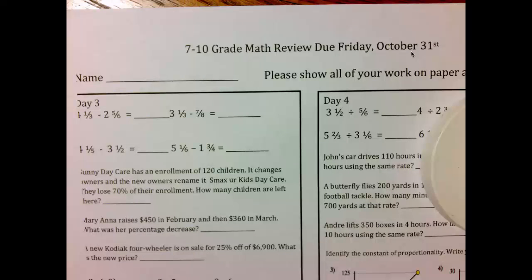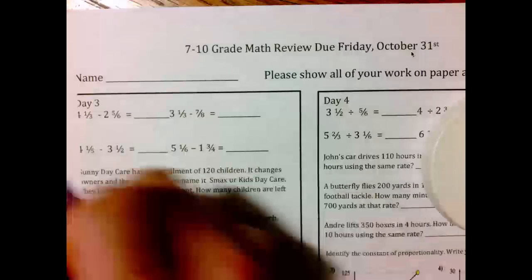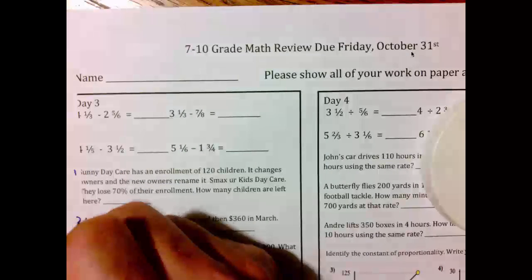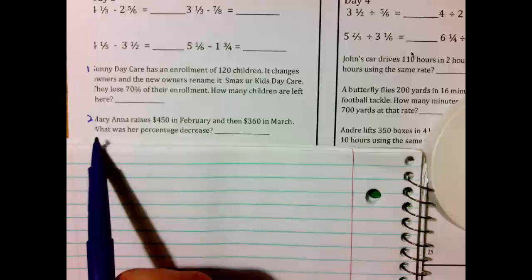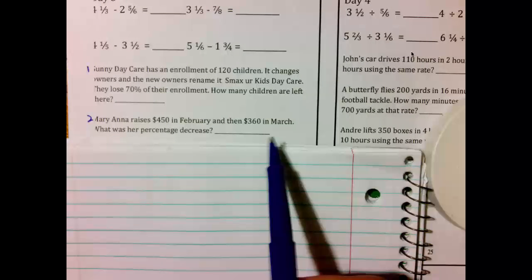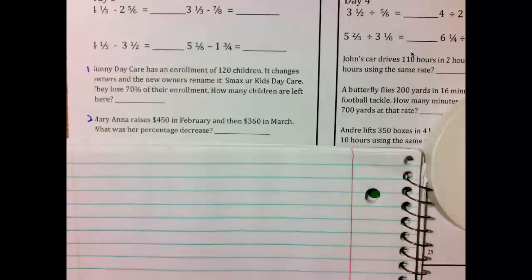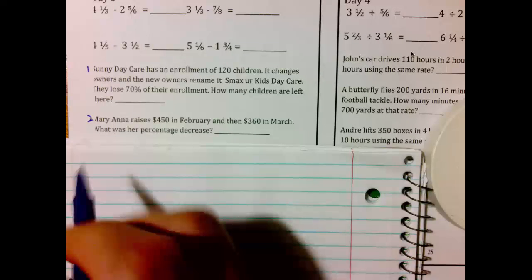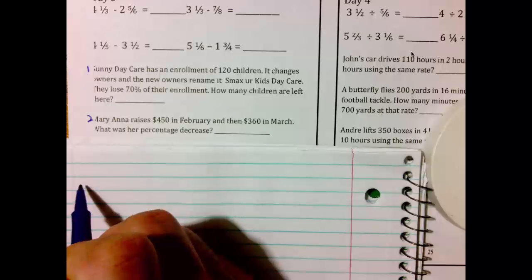Okay, let's now look at percent problem number 2. Mariana raises $450 in February and then $360 in March. What was her percentage decrease? You may remember from previously, percent change.